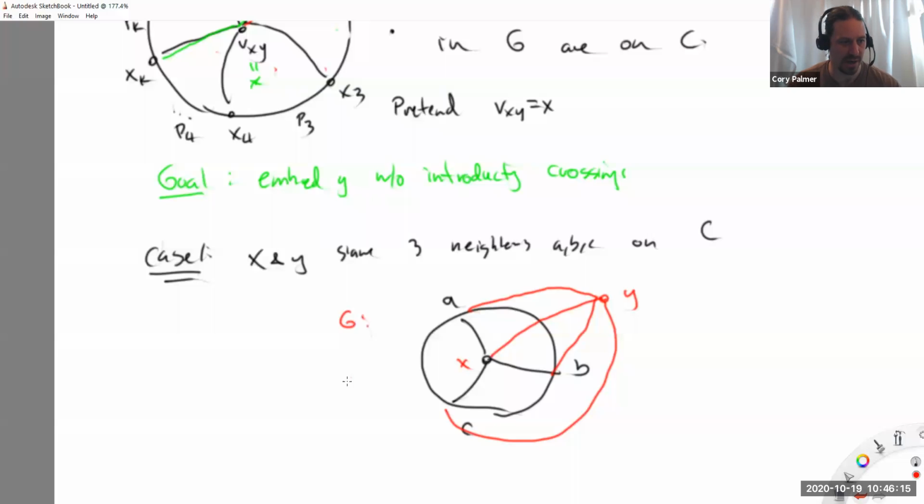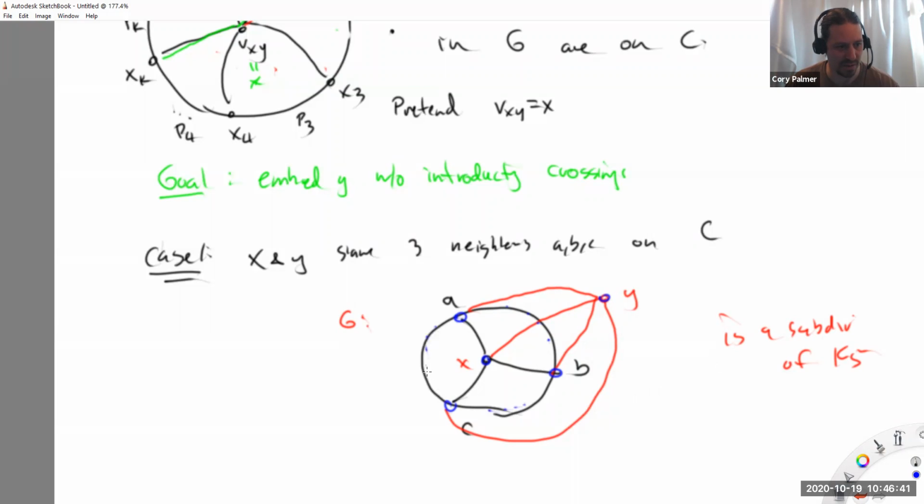So I'm thinking about G now. But this picture here is a subdivision of K5, right? Because I've got 5 vertices, and each of them are either adjacent by an edge or along a path. A is adjacent to B along this subdivided path. B is adjacent to C along this subdivided path.